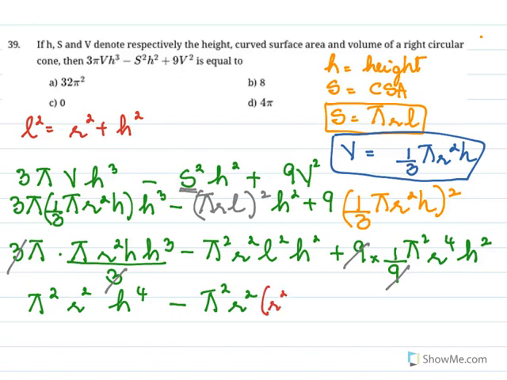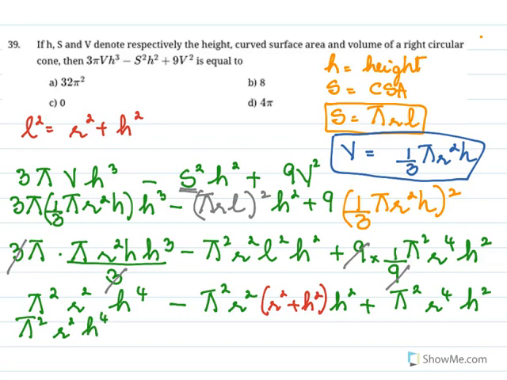So for L square we will put r square plus h square. And then continue. This is h square plus pi r square r4 h square. And if you notice here, we can now open the bracket. So we have r square, pi square, r square, h4 minus, we are going to open the bracket.